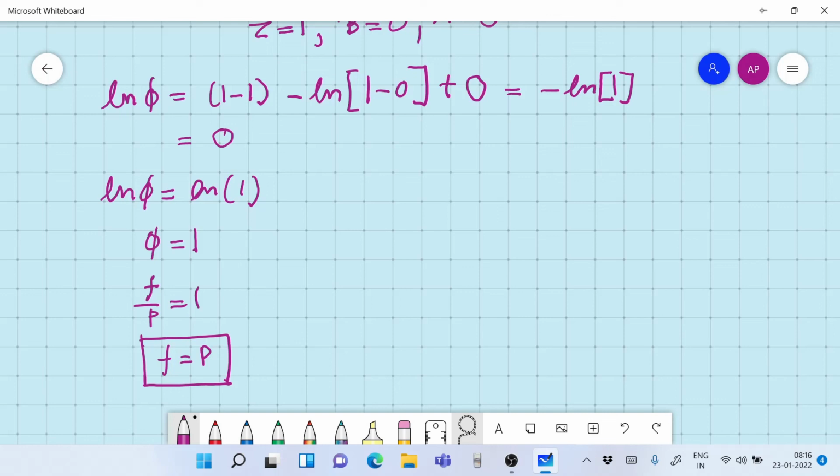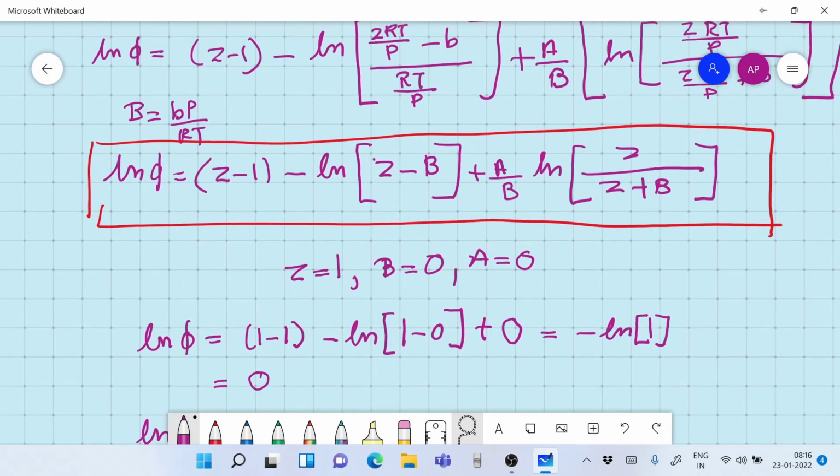For an ideal gas, the fugacity is equal to the pressure. Therefore, the expression that we have got is the correct one, right? So we can be very sure that the expression that we have derived is fully correct, and we should be getting full credit for that.